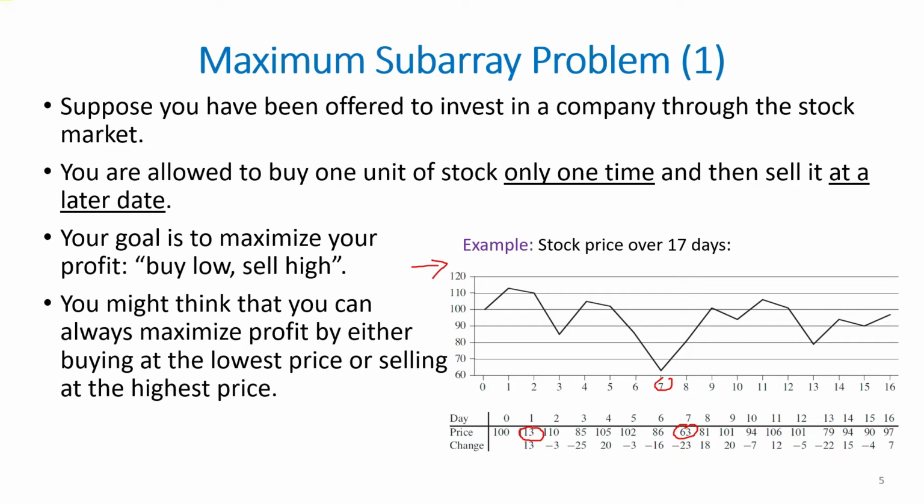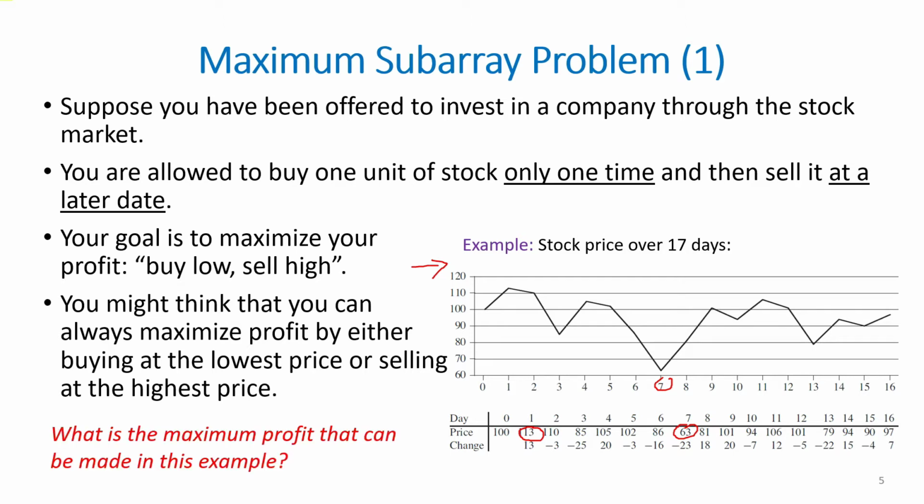So, what would a good strategy be? In other words, what is the maximum profit that can be made using this chart? Upon careful observation, we find that buying the stock on day 7 and selling it on day 11 would yield a maximum profit of 18 + 20 + (-7) + 12, which is $43.